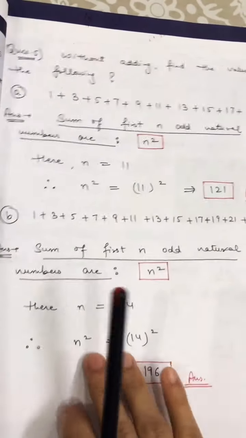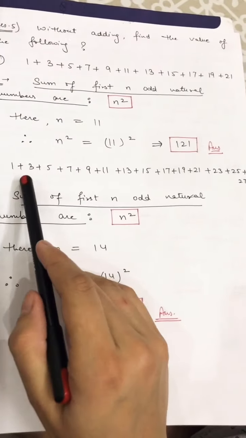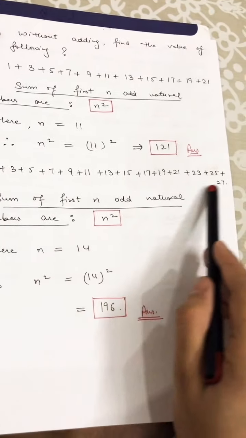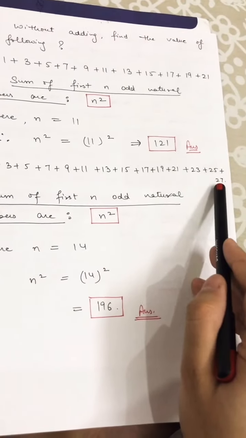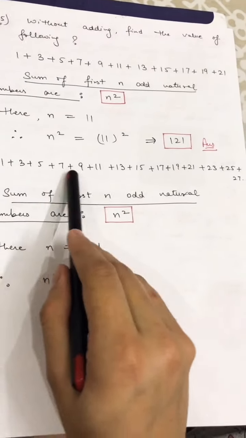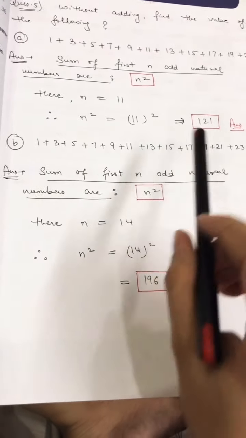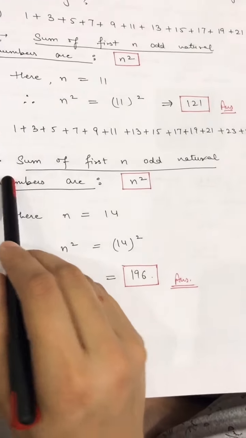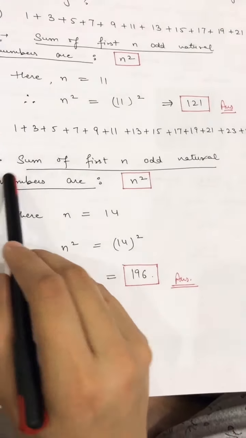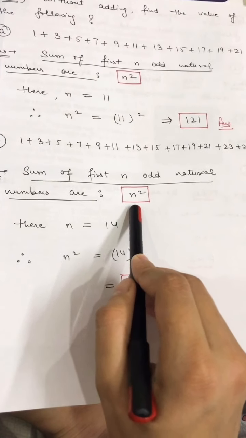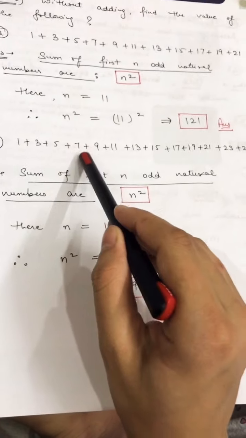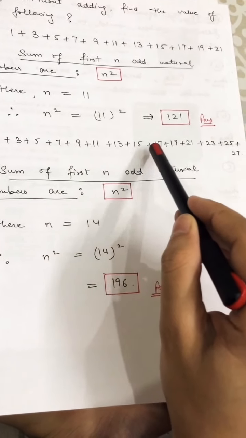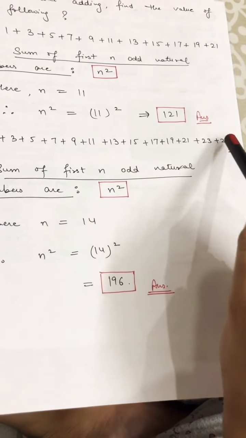It is very simple. B part is given to you. This is the series of B part: 1 plus 3 up to 27. Just count all these numbers. You write here in the solution, the sum of first n odd natural numbers is n square. n is the total numbers: 1, 2, 3, 4, 5, 6, 7, 8, 9, 10, 11, 12, 13, 14.